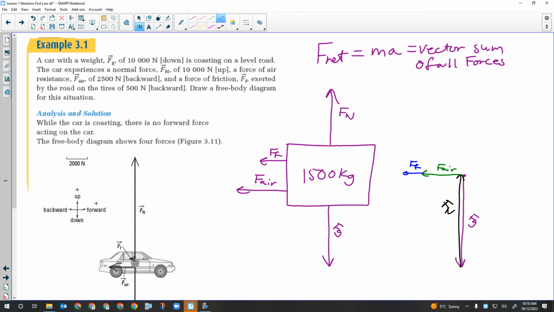So there's obviously a net force acting negatively, backwards, in a negative direction. Then I could add those two together if I knew what they were, and I do. It says that F air is 2,500 newtons, and that the force of friction on the tires is 500 newtons. Everybody all right with that?